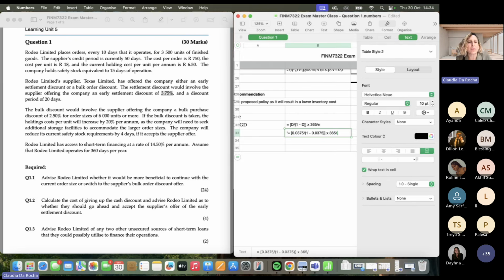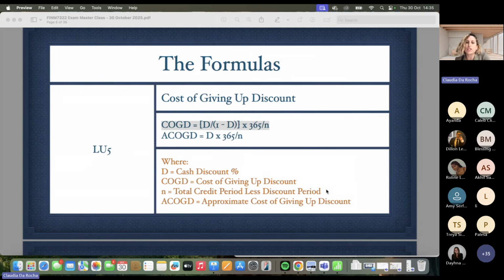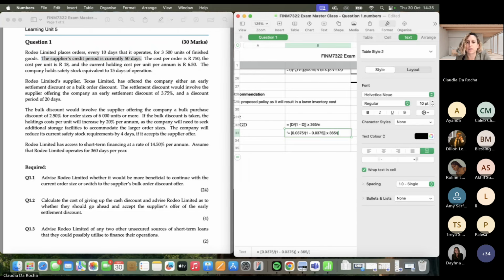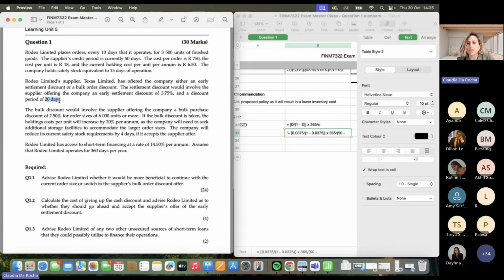N is the total credit period less the discount period. Our total credit period here is 50 days, and our discount period is 20 days.